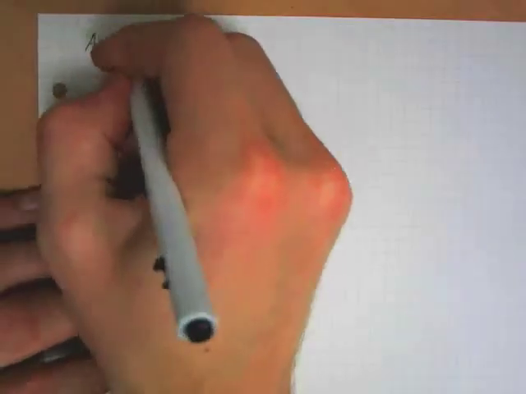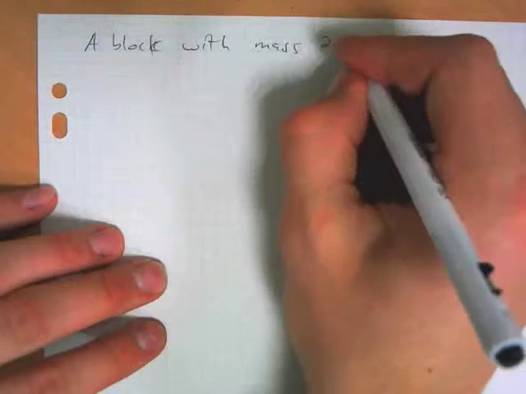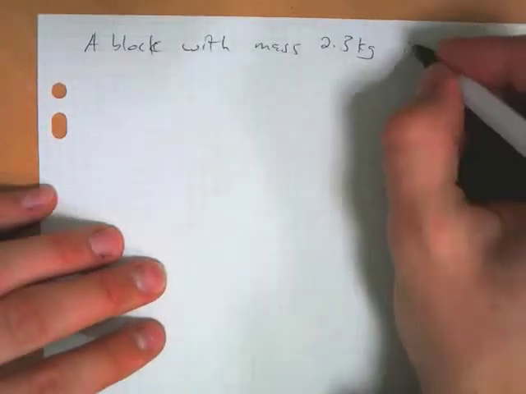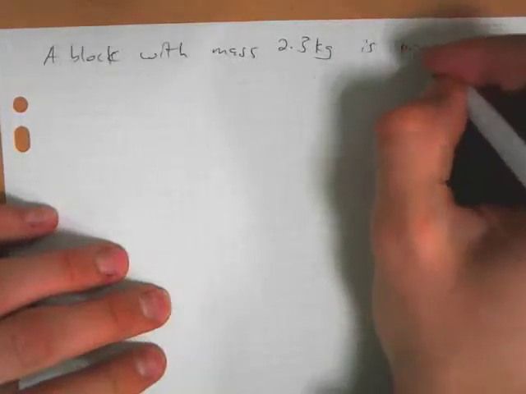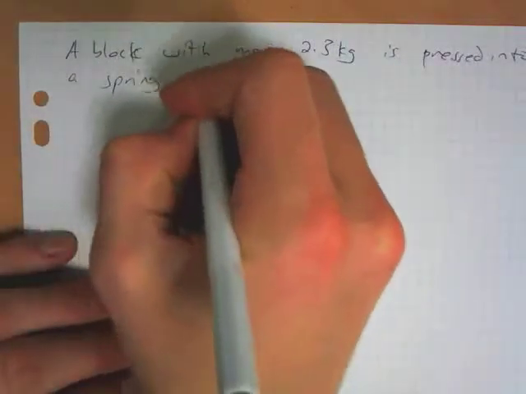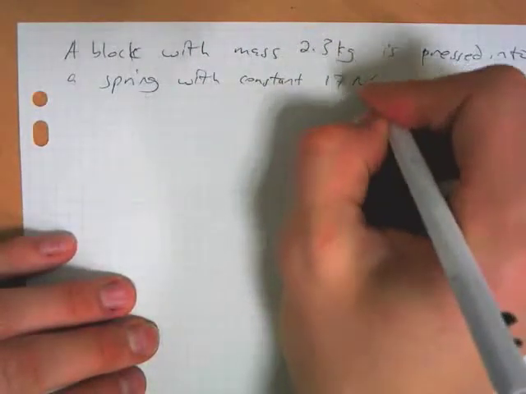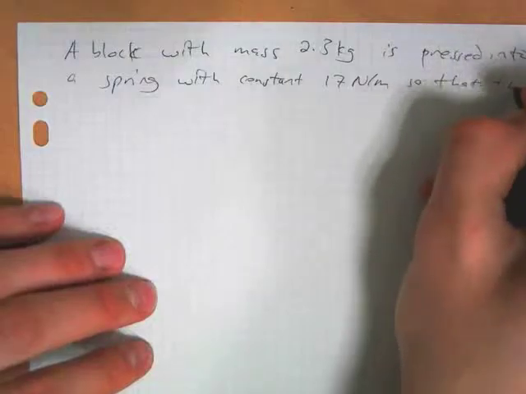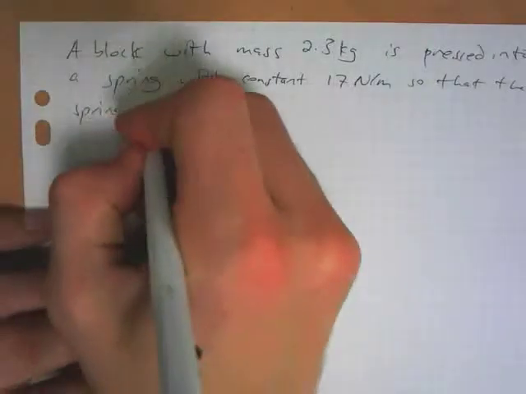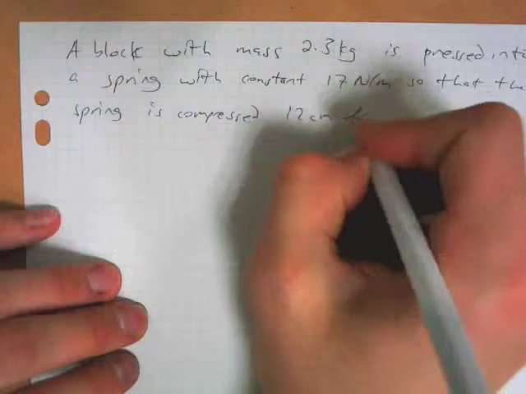Alright, let's go ahead and do an example that involves a spring. Let's say we have a block with mass 2.3 kilograms pressed into a spring with constant 17 newtons per meter, so that the spring is compressed 12 centimeters from equilibrium.